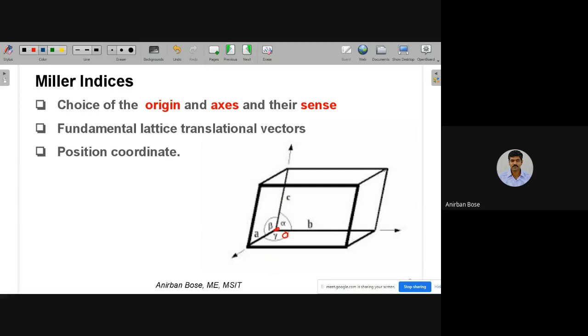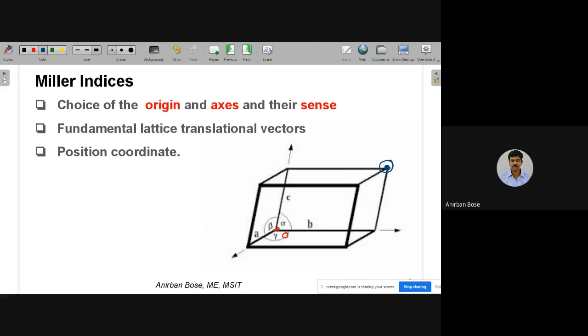Remember, the cell that we have constructed here is a unit cell. Unit cell means that all the lengths are unit. But I have already told you these units are actually of different values. But we will consider it to be a unit cell.